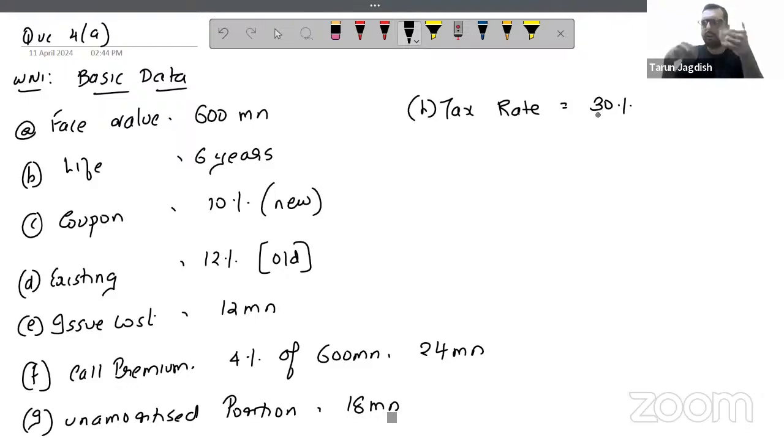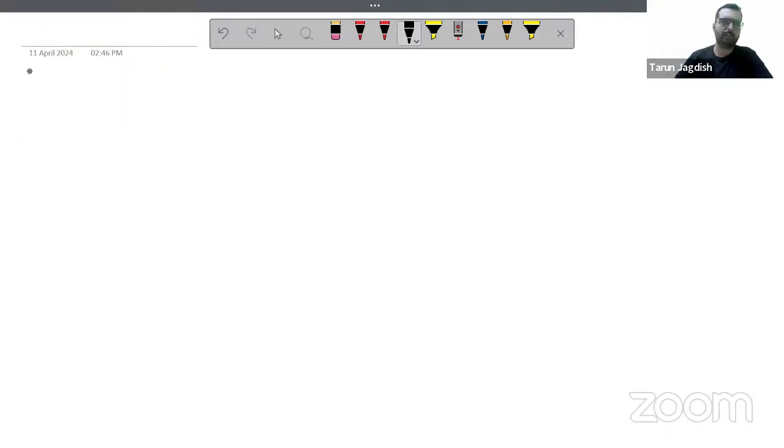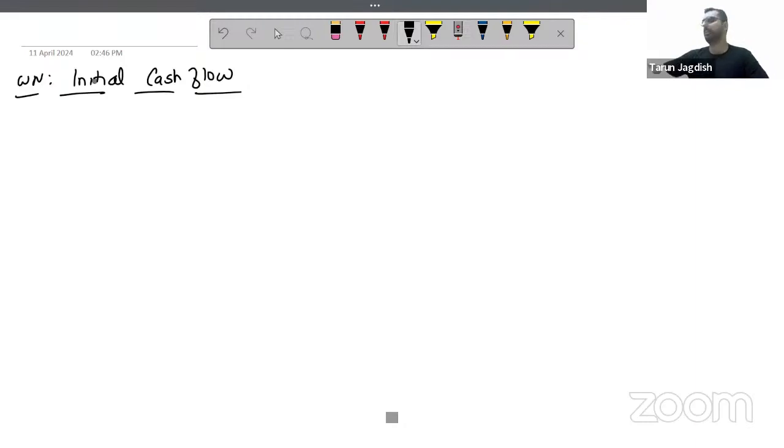So friends, in order to decide whether I should refund the bond or no, I have to go by 3 types of cash flows. Initial cash flow, in-between cash flow, and what is the last one? Terminal cash flow. So I'll write down the next working note heading, initial cash flow.